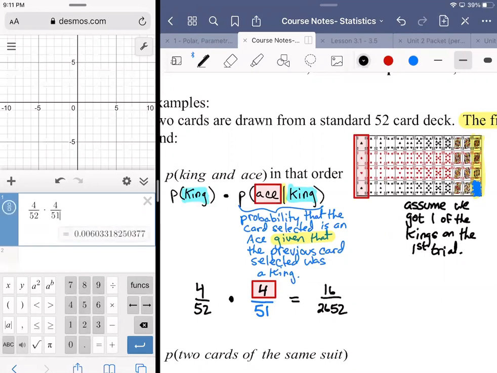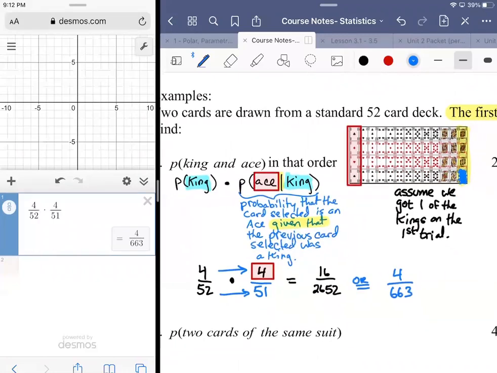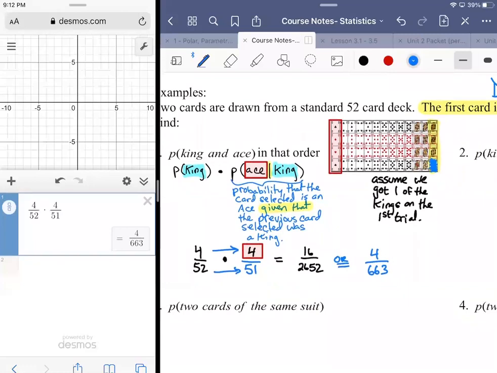You get that hideous looking decimal there. But again, just tap on the fraction icon there and it'll simplify it for you. You don't need the simplified values. You could just multiply top, top, bottom, bottom. But if you want to put the simplified form because the calculator is giving it to you, that's fine too. There's no requirement that you simplify your fractions. That's something to keep in mind.